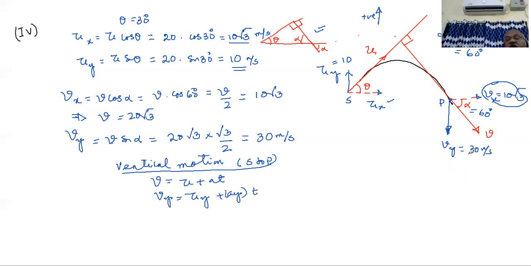Vy is 30 and downwards, so that will be treated as minus 30. Uy, U's y component, will be 10 and upwards, that is plus 10. Plus vertical acceleration, we know that is g, downward and negative, into t. So here t comes out to be 4 seconds.